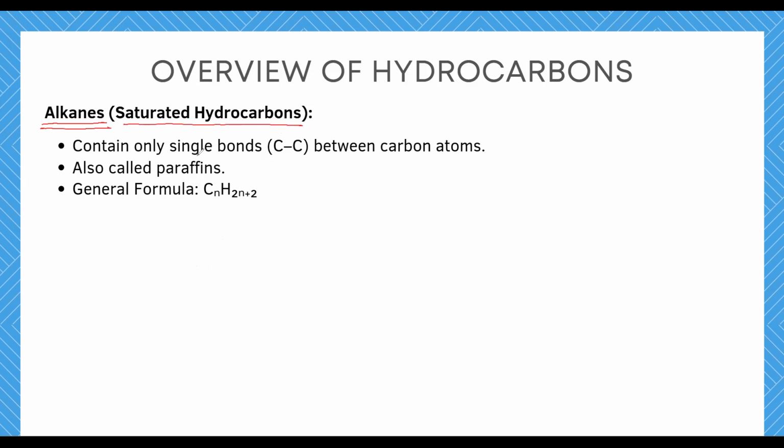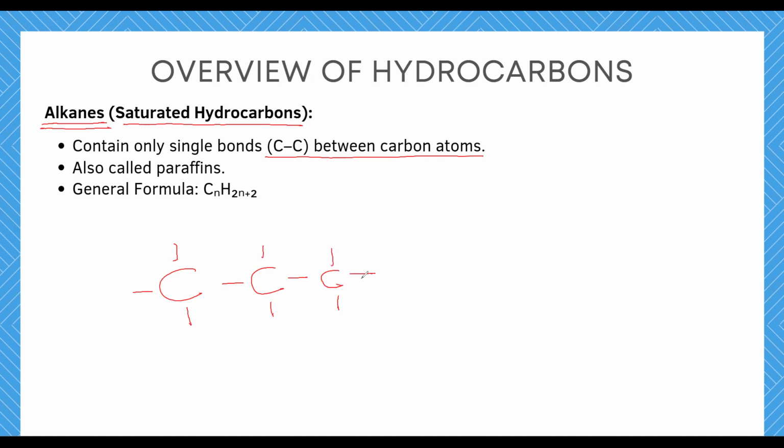They contain only single bonds between carbon atoms. Now, here is what we mean. When you have a carbon atom like this, remember I told you that carbon atoms can occupy four bonds around them. Did you see that? Good. Now, this bond can be shared with another carbon atom. This bond can be shared with another carbon atom.